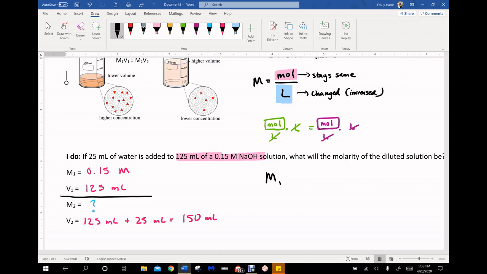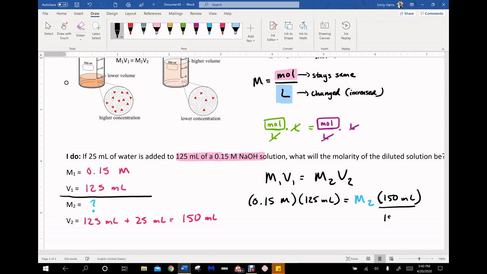So let's write our formula in: M1V1 equals M2V2. Let's plug in our first molarity, 0.15 molar. Our first volume, 125 milliliters. We're solving for our second molarity after dilution. And our second volume, the volume after the dilution, is 150 milliliters.